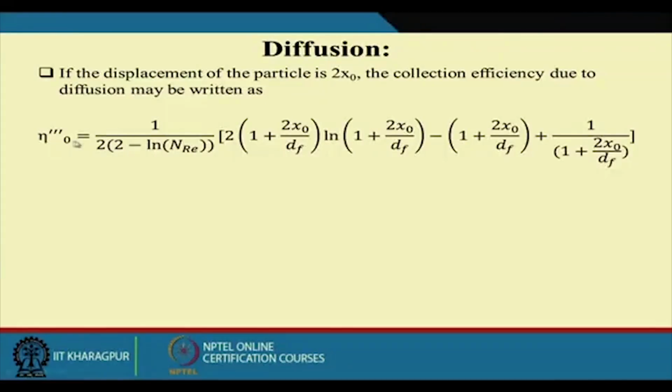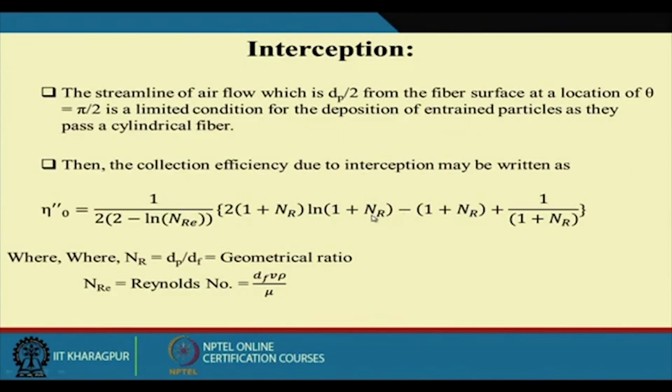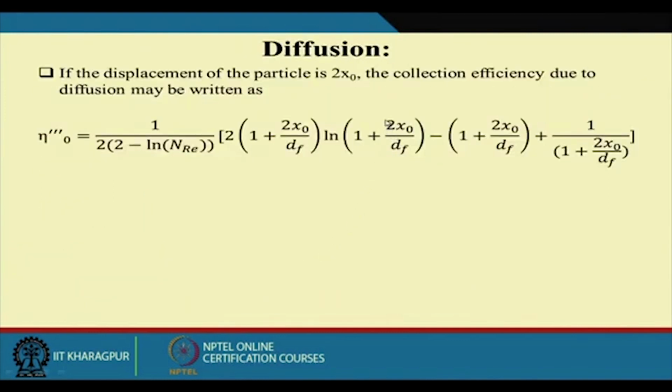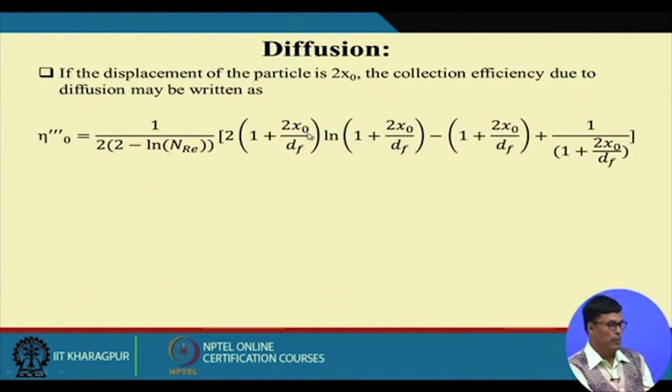Now, the overall collection efficiency due to diffusion is expressed like this. In case of interception we use NR, the geometrical ratio, which is usually replaced by 2x0 by f.